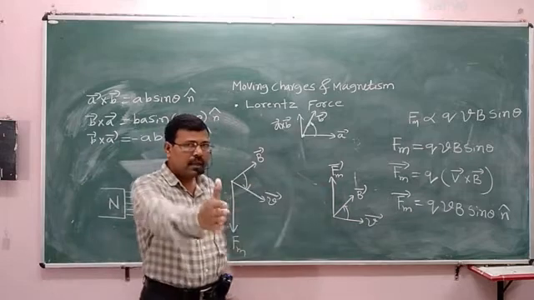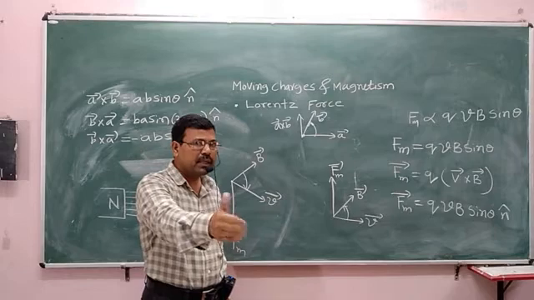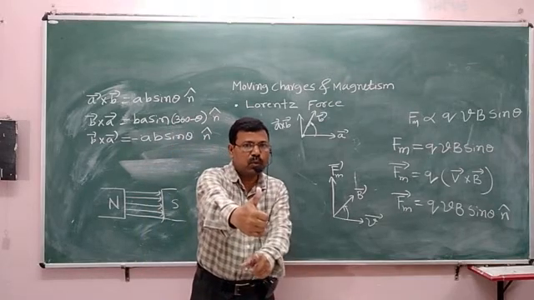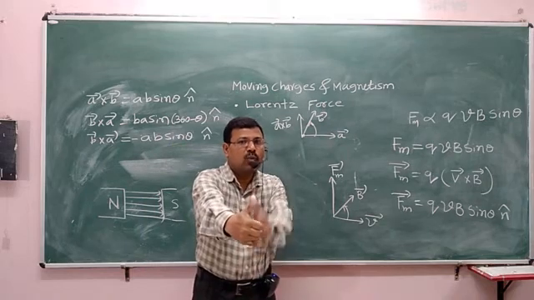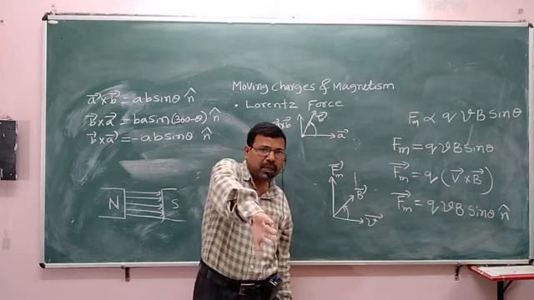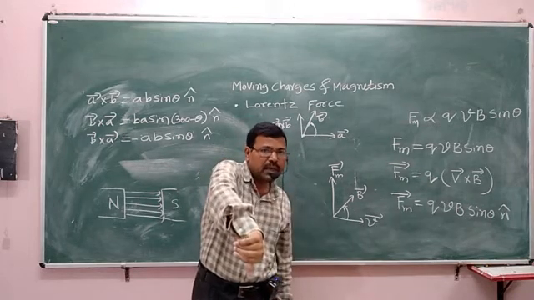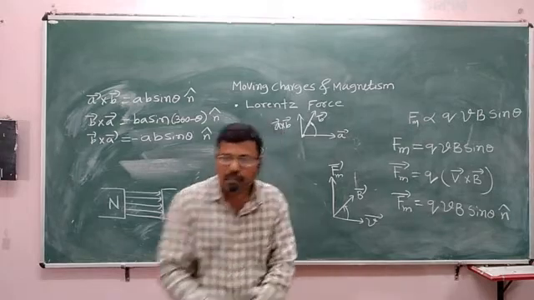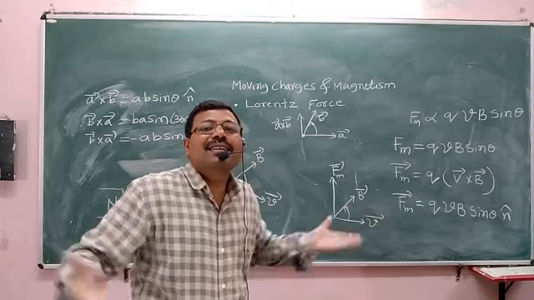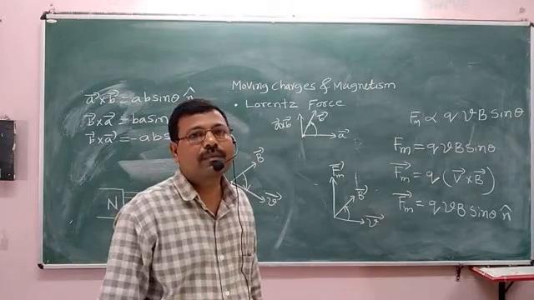Here B cross V, like this, and the direction of the force experienced by the charge will be vertically upward. This is V cross B, the direction of force will be vertically downward. So the direction of force experienced by the charge is found by the right hand thumb rule.